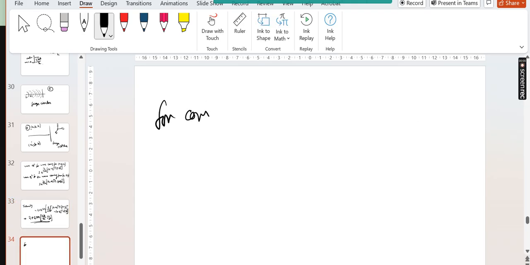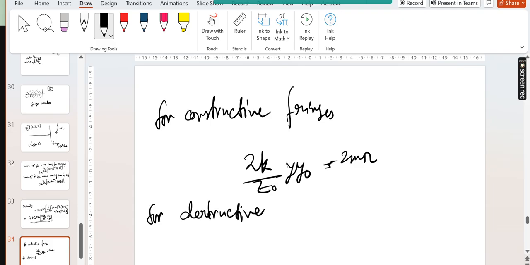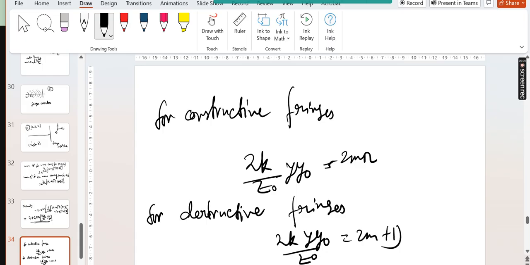For constructive fringes, 2k z naught y y naught is equal to 2nπ, and the equation for destructive fringes is with (2n plus 1)π.